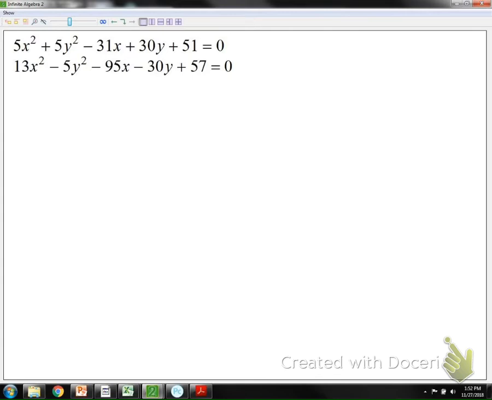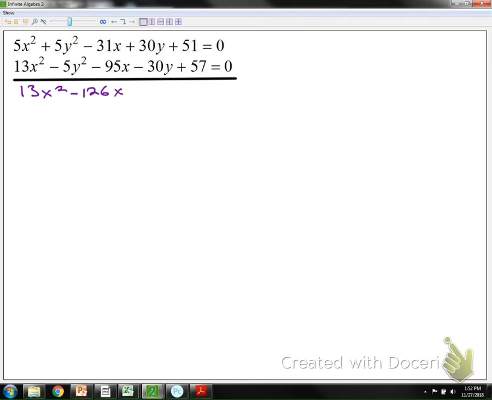Now, this problem is set up really nicely to eliminate. If you notice, the y terms in both equations are opposites, so we can just add the two equations together and eliminate the y. So if we add these two together, we're going to get 13x squared, and 5y squared and -5y squared are gone. -31 and -95 is -126x.